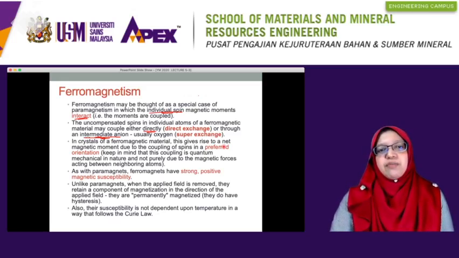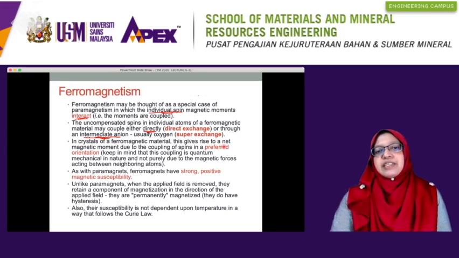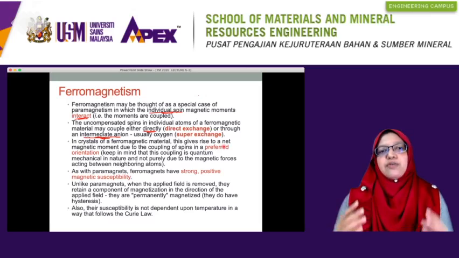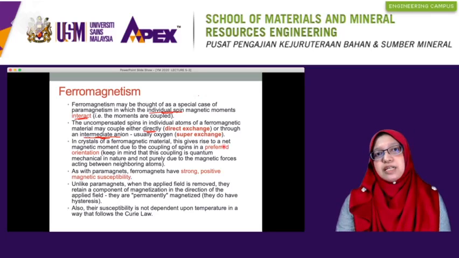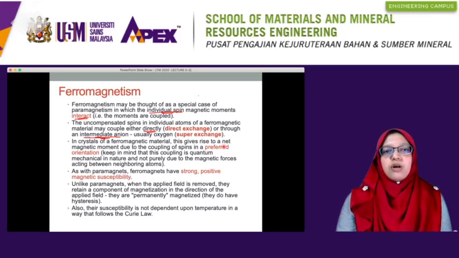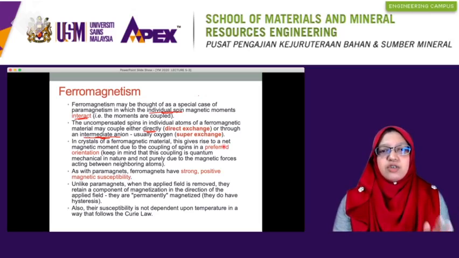Next, we have ferromagnetism. Ferromagnetism is a special case of paramagnetism in which the individual spin magnetic moments interact, where the moments are coupled. The uncompensated spins in individual atoms of ferromagnetic material may couple either directly or through an intermediate anion, usually oxygen, and this forms super exchange.